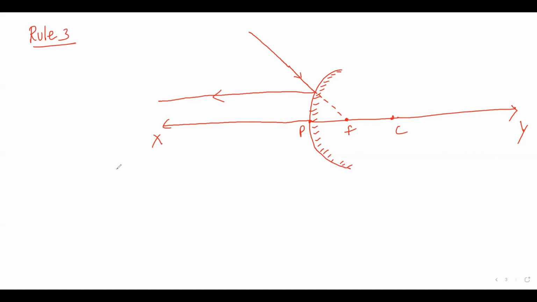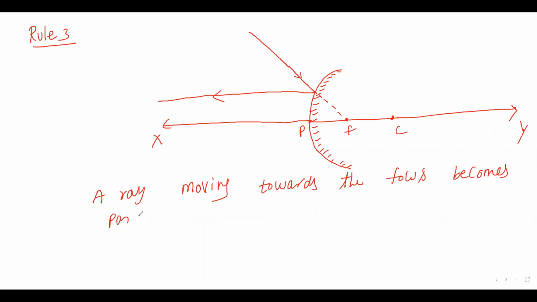Let's write the rule. A ray moving towards the focus becomes parallel to the principal axis after reflection.